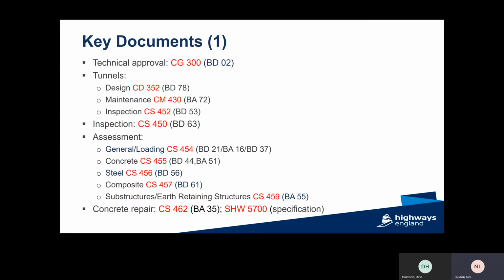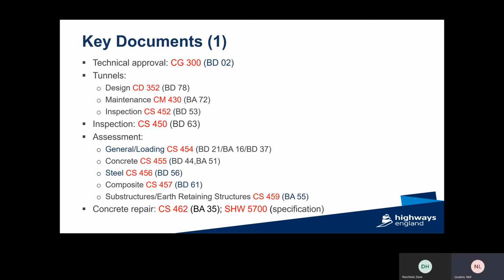Now I'm going to turn briefly to some of the key documents that were involved, just to give some familiarity with the new documents. The further webinars will cover some of these documents in far more detail. One of the key ones I've already alluded to, BD2, covering technical approval, is now CG 300. And we have a number of suites of standards as well.